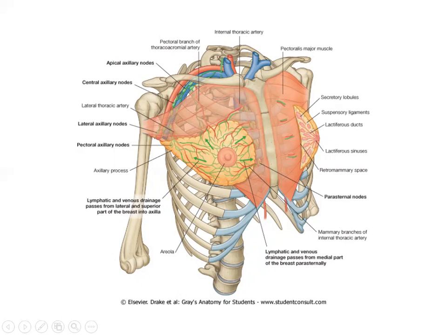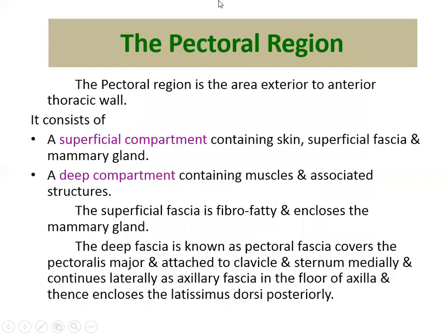So it is attached medially to the clavicle and the sternum. Here is the sternum, this is the manubrium sterni, this is the body of the sternum, and this is the xiphoid process, and this is the clavicle. So it is attached to the clavicle as well as the sternum medially and continuous laterally as the axillary fascia in the floor of the axilla, and then encloses the latissimus dorsi posteriorly.